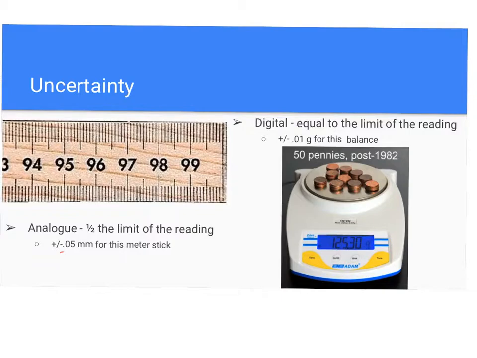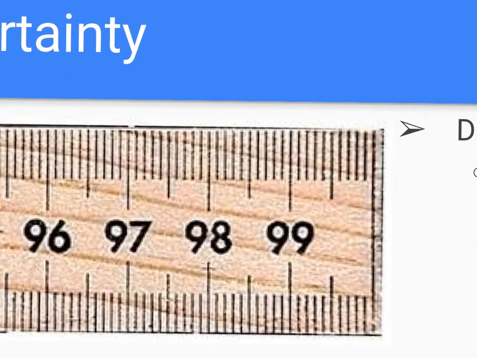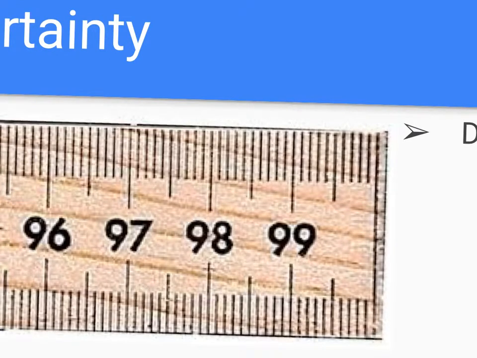So in this case, our graduations are millimeters, right? And if we zoom in, our big numbers here, so our 97, our 98, our 99, these are centimeters. There's centimeters, which makes these guys here and here and here millimeters, or tenths of centimeters.